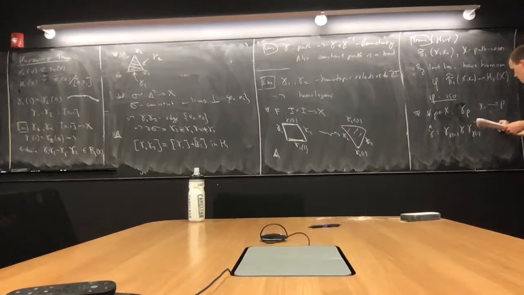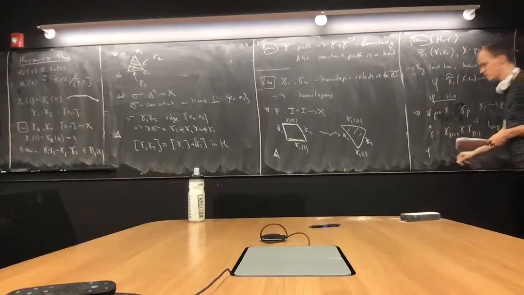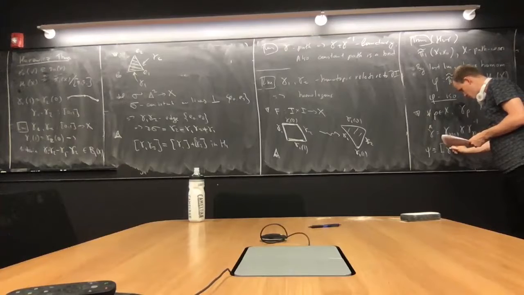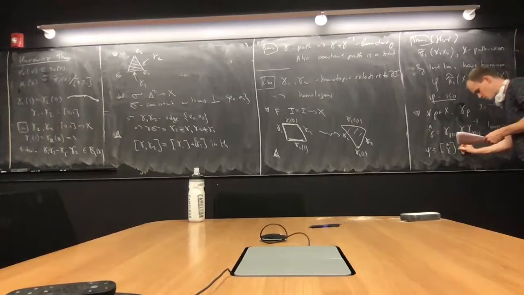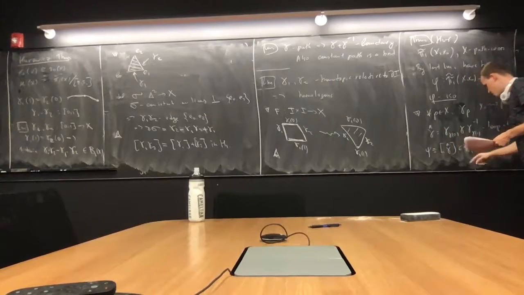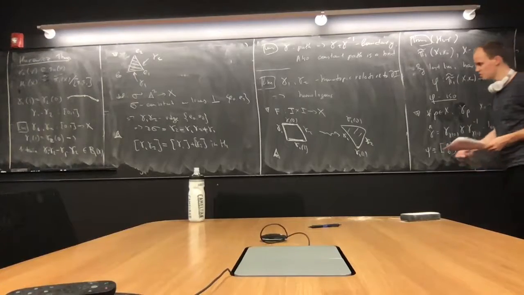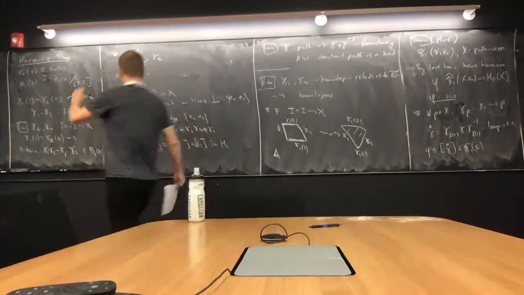This is a loop based at x naught. And let's define psi, which is the thing that's supposed to be the inverse, as just the homotopy class of gamma hat in pi 1. It is a little bit confusing because there are equivalence classes on both sides. So I'm going to be writing explicitly what I mean, which equivalence class I mean.